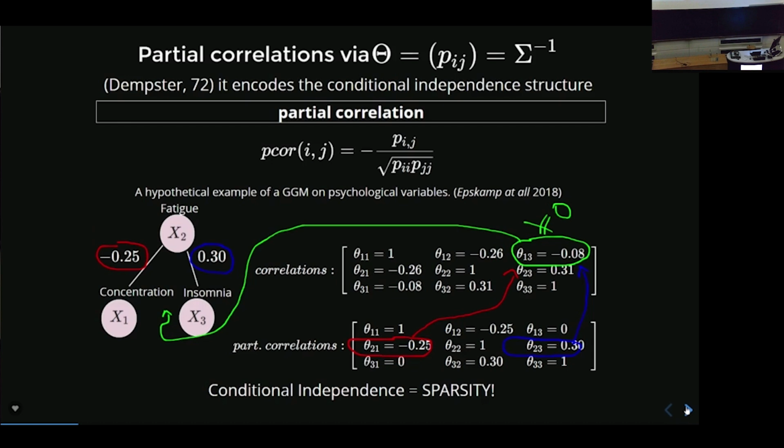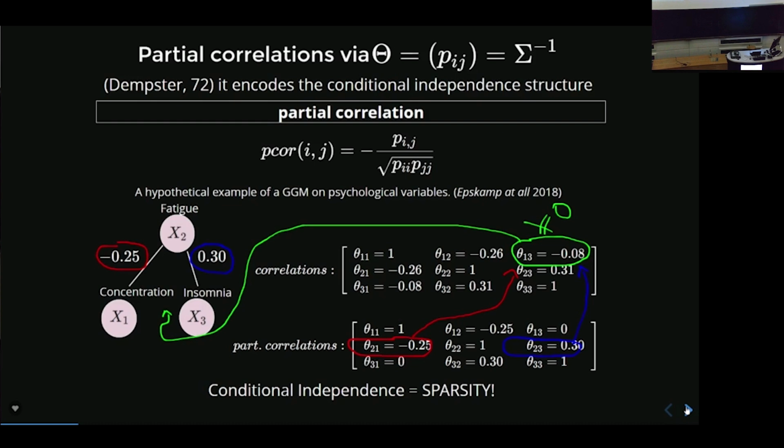But actually, that is a latent variable, okay, that we should factor out. And actually, what we should look at is this partial correlation. So clearly, we can see that there's a zero partial correlation, okay?